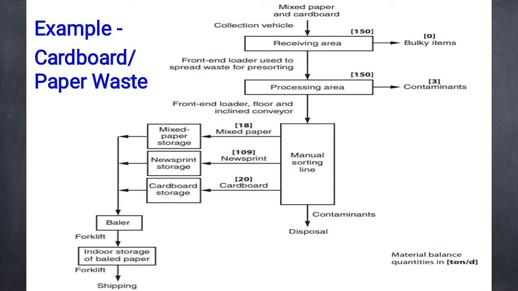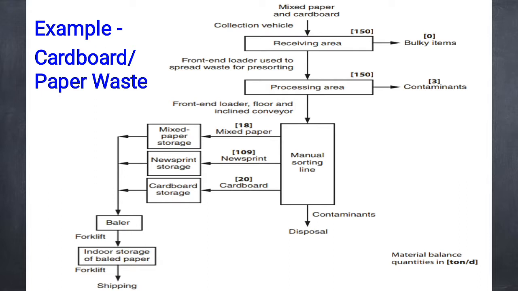In the manual sorting line, the laborers will be in charge, and they are going to separate the mixed papers separately, newsprint separately, and cardboard separately. They also have their own storage systems for mixed paper, newsprint and cardboard.